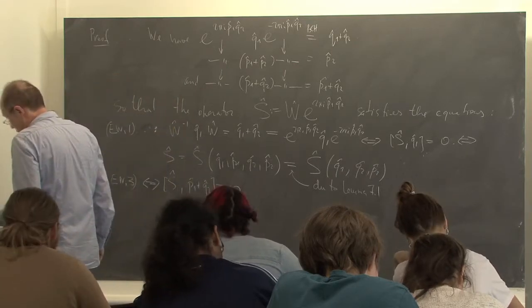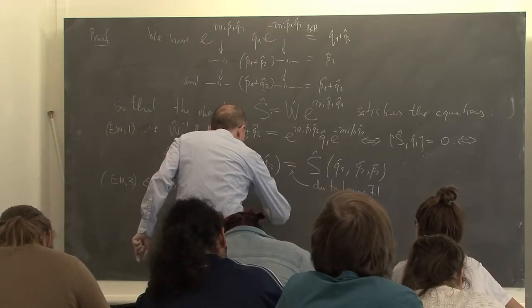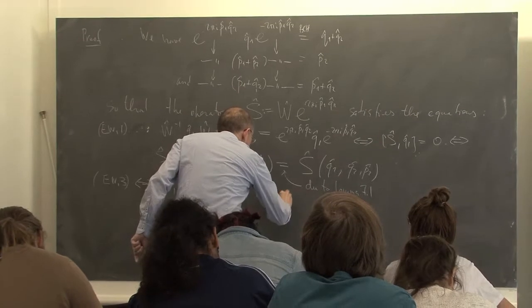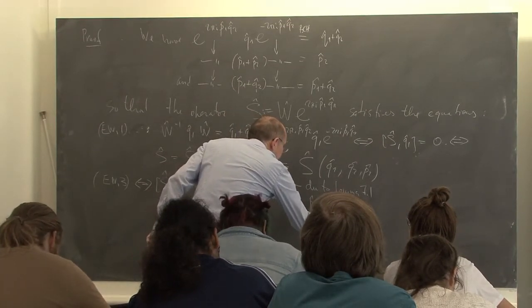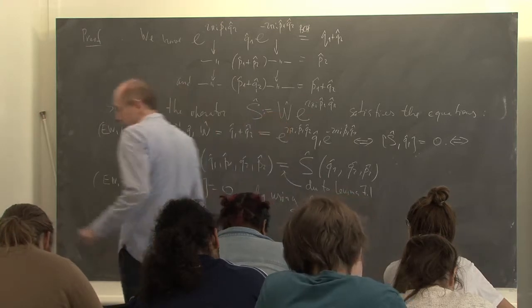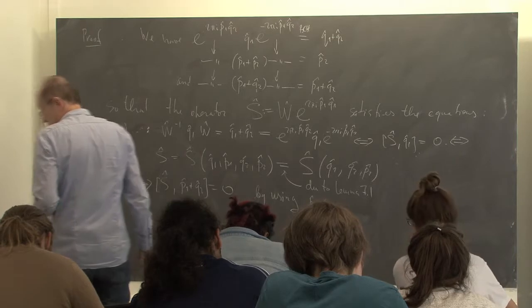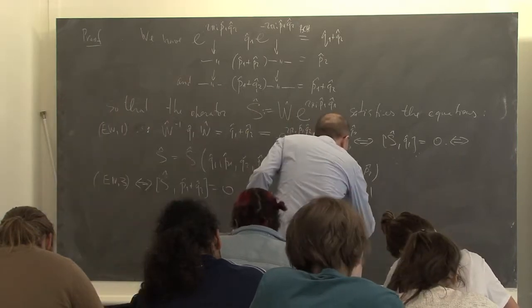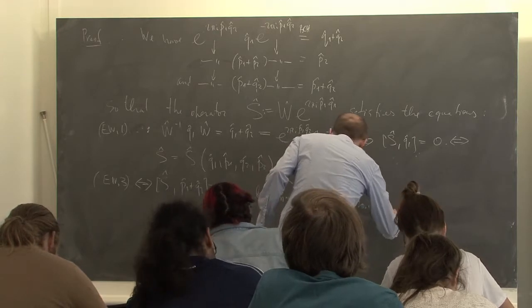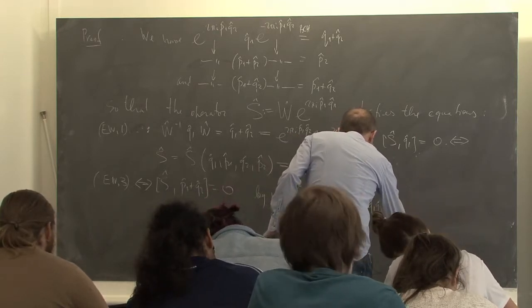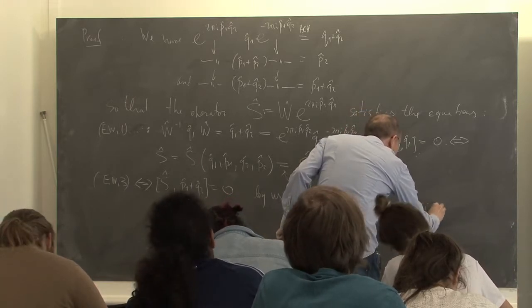And now how to treat this? By using P1 hat plus Q2 hat equal, what is it equal to? E minus 2 pi I Q1 hat Q2 hat P1 hat E 2 pi I Q1 hat Q2 hat.